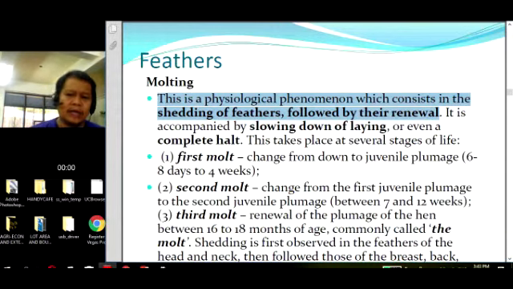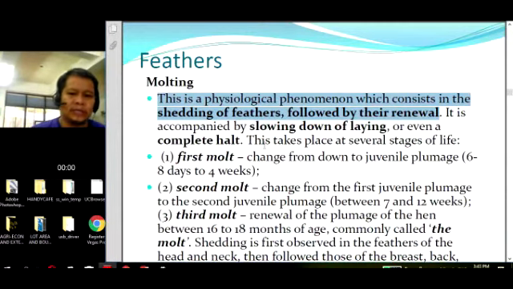So parang kung sa tao pa is kanang nangilis og panit, no? It is accompanied by slowing down of laying or even complete halt, complete stop. So during molting, maka-epekto sa gidaghanon sa itlog sa manok, kay kung dili sila mahunong pangitlog, mohinay ang silag pangitlog. Ana siya.